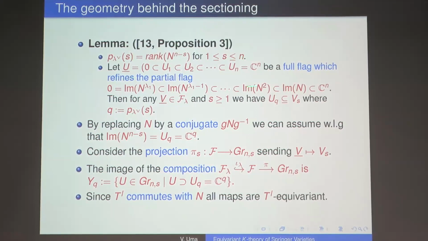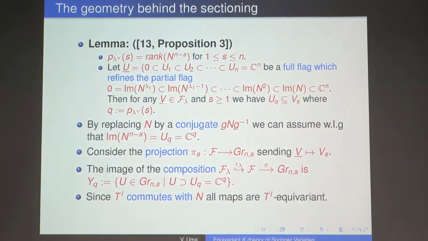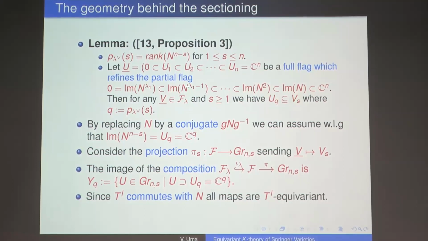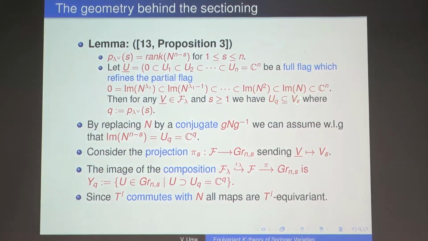And we can choose this filtration of C^n by just taking the image of N and then the image of N squared, etc. We know that lambda 1 is the largest Jordan block. Between that, we have all this. And because of the definition of the Springer variety, for any element in the Springer variety, if we fix this full flag which needs to refine this flag, we can always show that this U_q will be contained inside V_s.